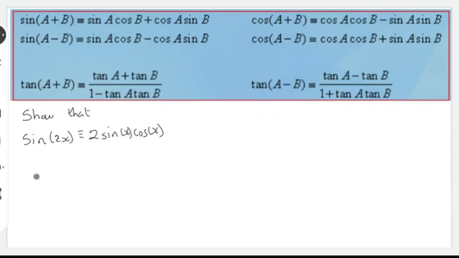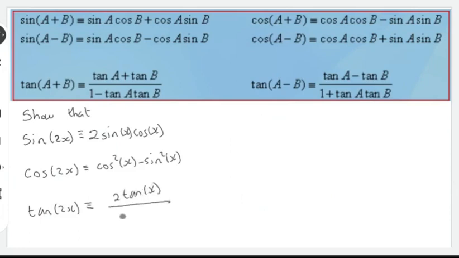Show that cos 2x is identical to cos squared x minus sine squared x, and also prove that tan 2x is identical to 2 tan x all over 1 minus tan squared x.